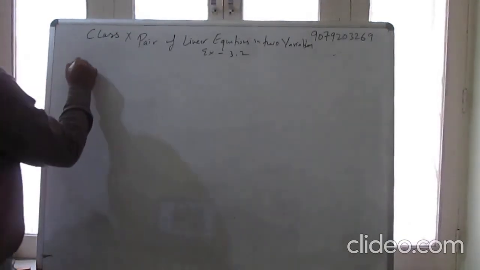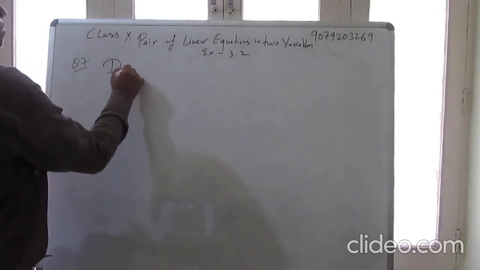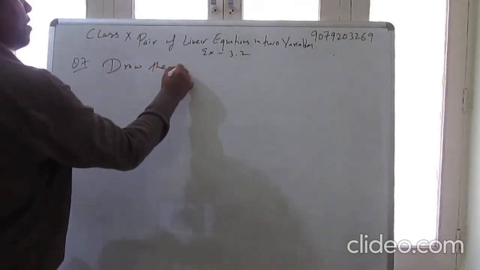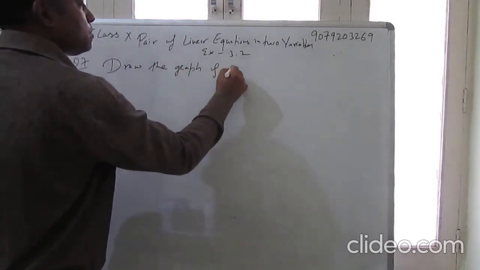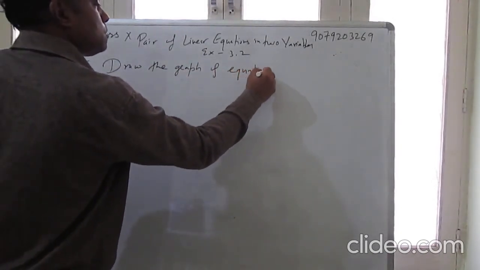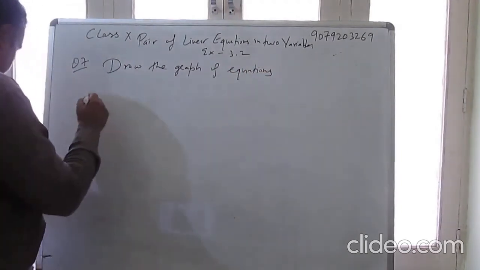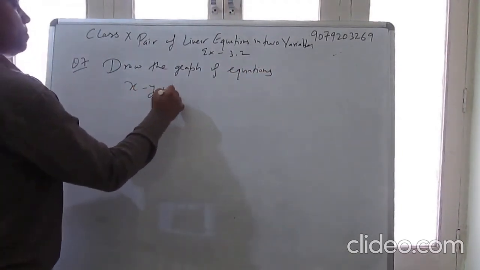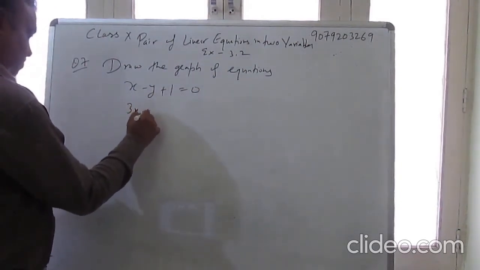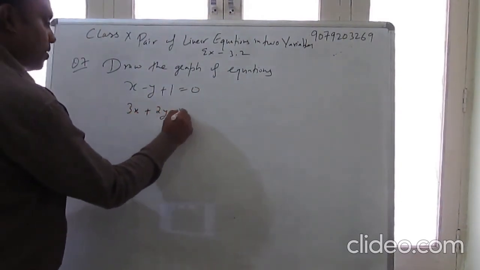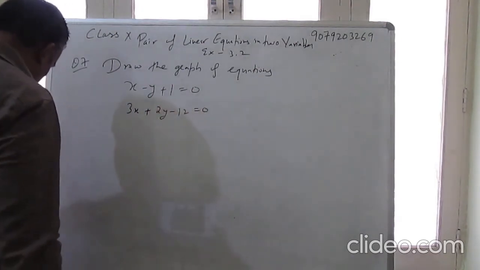Question 7. Draw the graph of equations x minus y plus 1 is equal to 0, 3x plus 2y minus 12 is equal to 0.